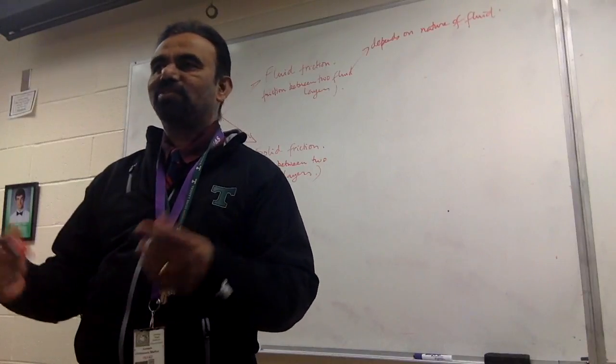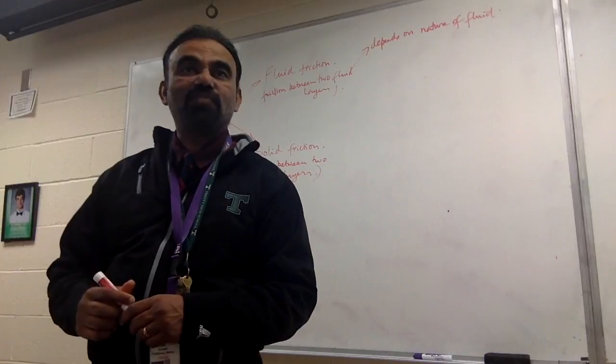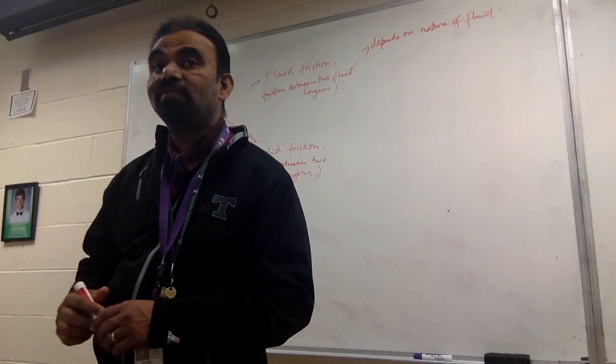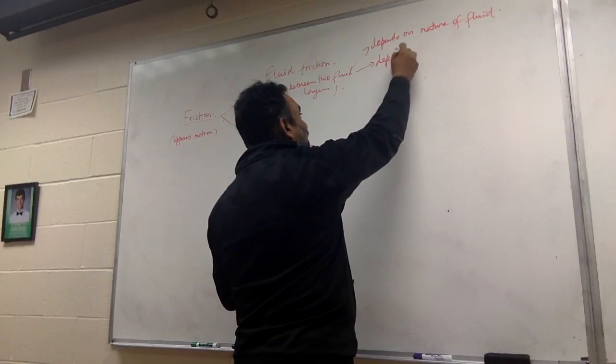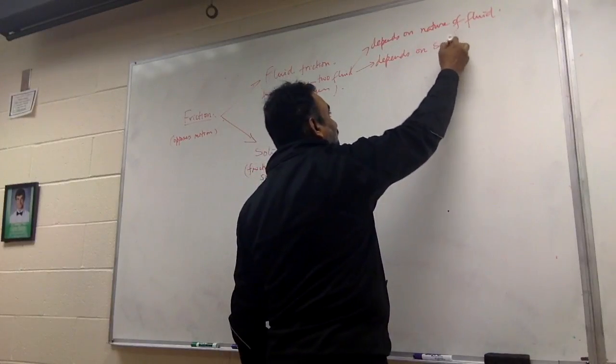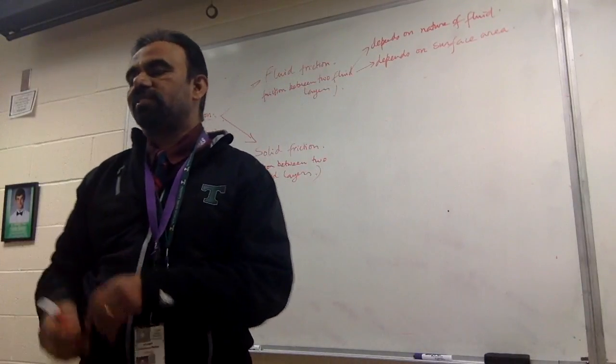The blade-like one is going to cut through the water, whereas the fat one is definitely going to suffer because he has more surface area. So it depends on surface area.